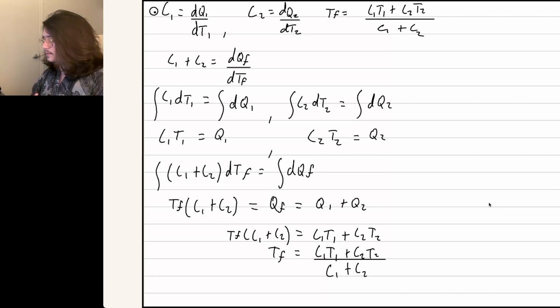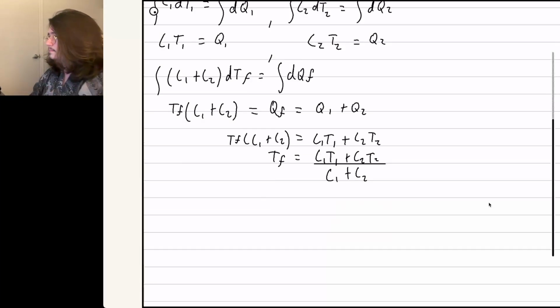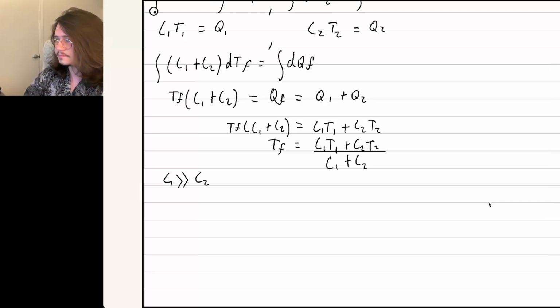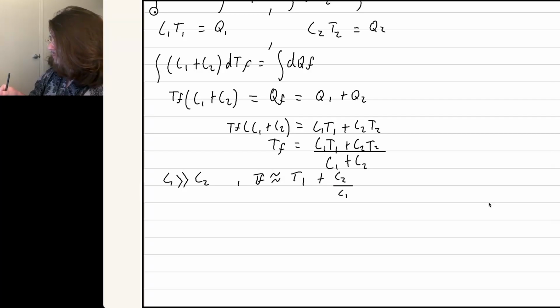If you really want to get into it, you can then ask, what if C1 is much larger than C2? And then Blundell asks for an approximation for the final temperature given by T1 plus C2 over C1 times T2 minus T1.